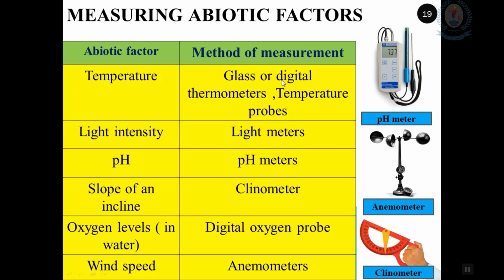Temperature can be measured by a digital or a manual thermometer. Light intensity can be measured by a light meter. A pH meter can measure pH values. Slope can be measured by a clinometer. Oxygen levels can be measured by digital oxygen probes. Wind speed can be measured by anemometers.